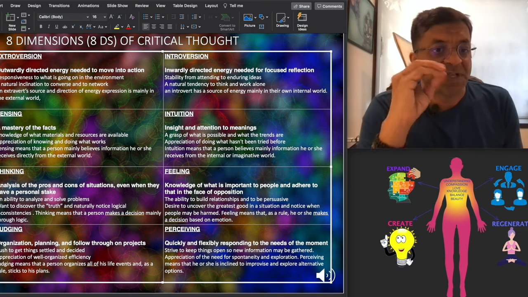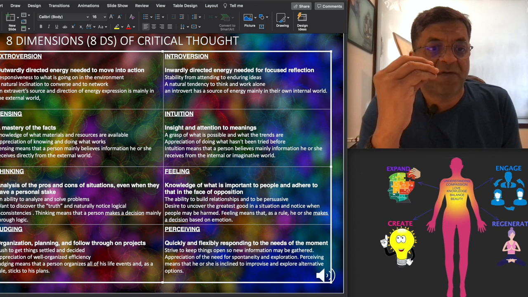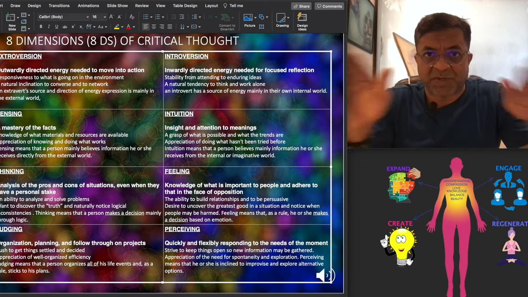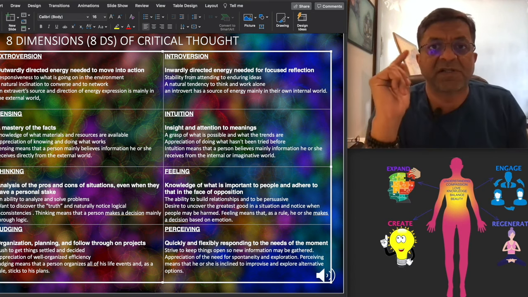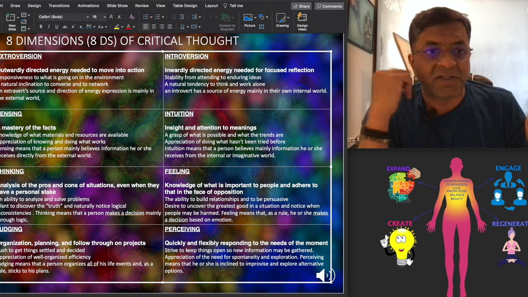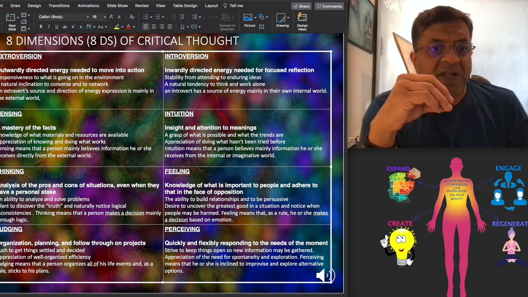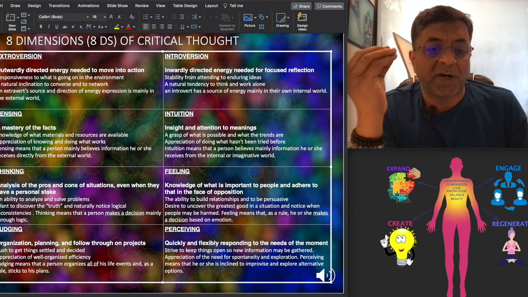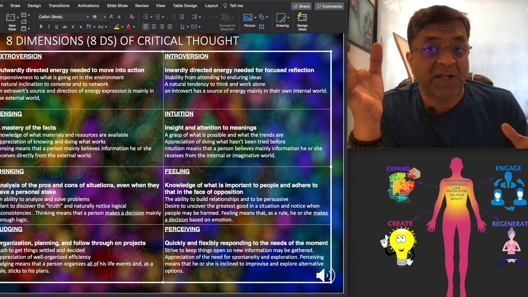Okay? Sensing. Sensing is a mastery of facts. The sensors are the masters of facts because they have sensory perception of the world. They're going through their 5 senses, the 5 indriyas. Knowledge of what material and resources are available. Appreciation of knowing what and doing what works. These are very practical people.